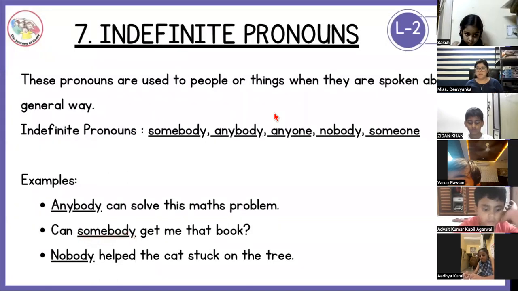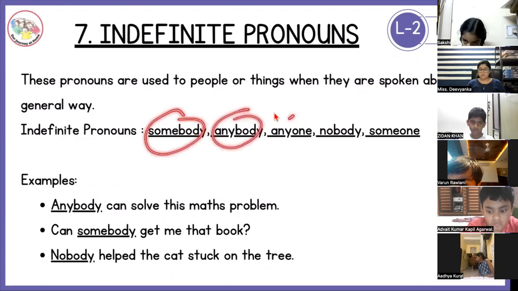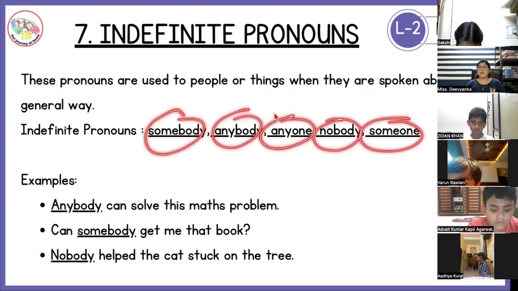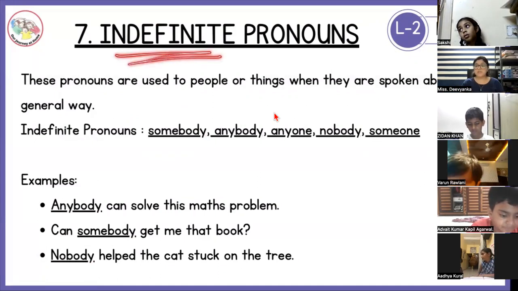Anyone can do this activity, not just one person. And the third sentence says, nobody helped the cat stuck on the tree. Now, there were many people around the society, maybe, but still nobody came forward to help the cat stuck on the tree. So all these words are not talking about any specific noun. Hence, they are called indefinite pronouns.